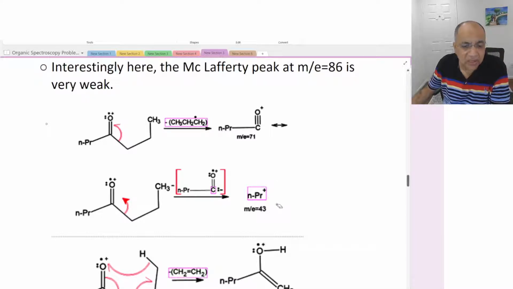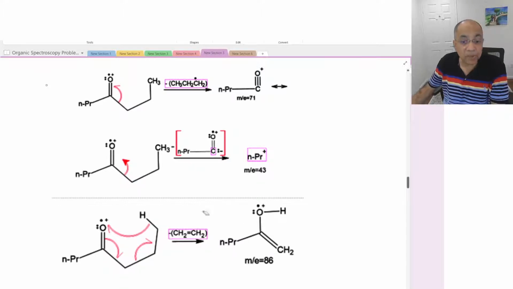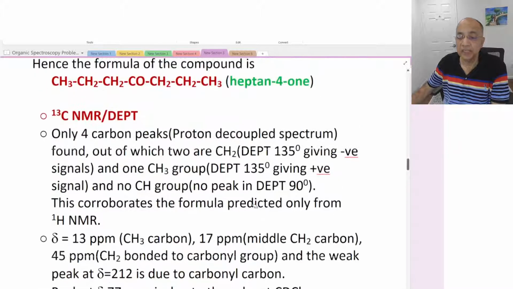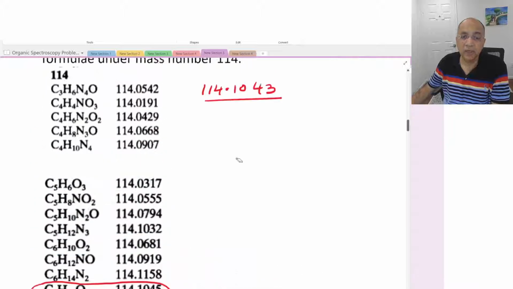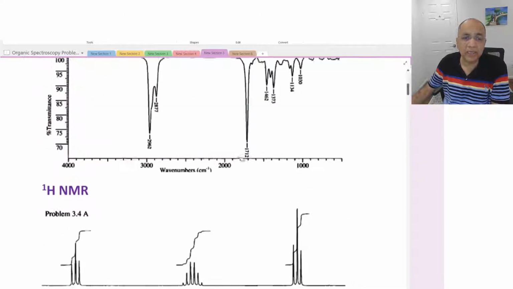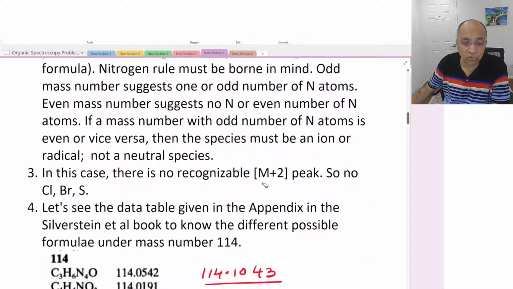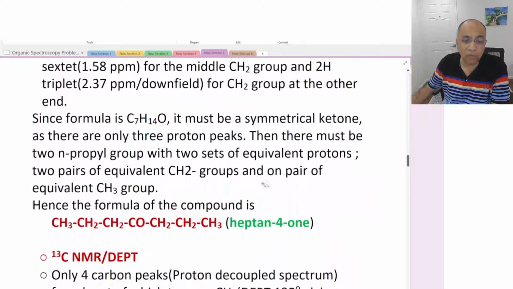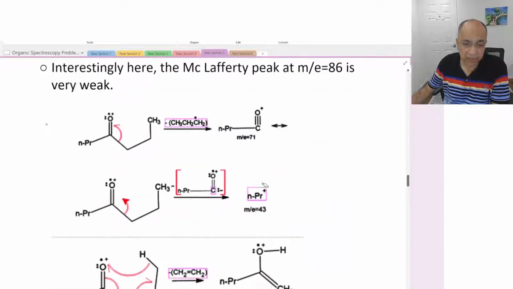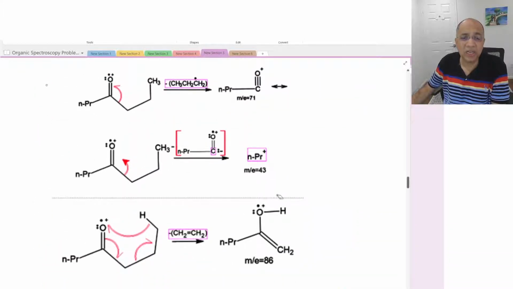But very interestingly here, the McLafferty peak is very, very weak. We cannot say the reason why it is weak in this case. The 58 peak should be very strong, but in this case we don't find a strong McLafferty peak. That depends on the reaction condition, the measurement condition.